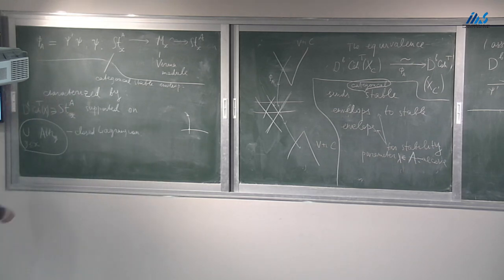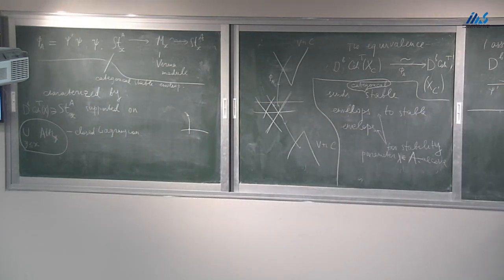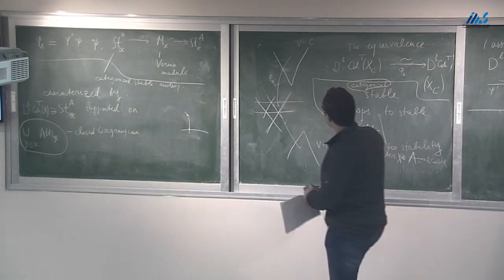And then there are two kinds of properties one requires.